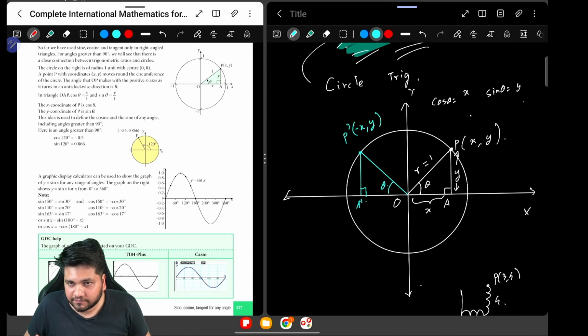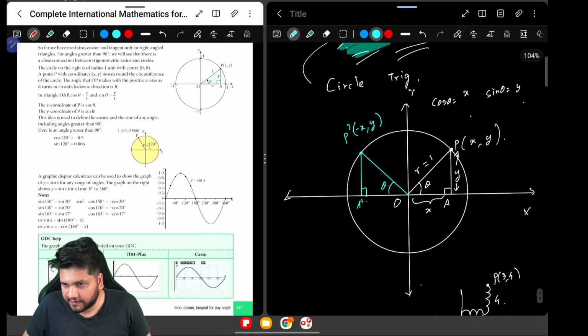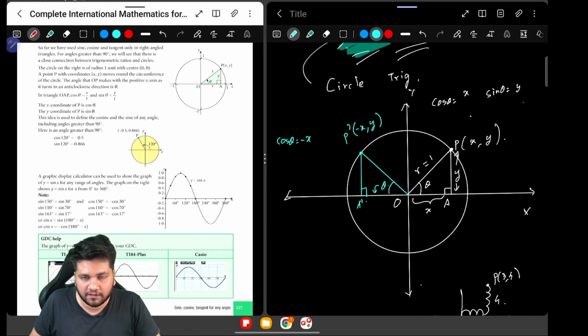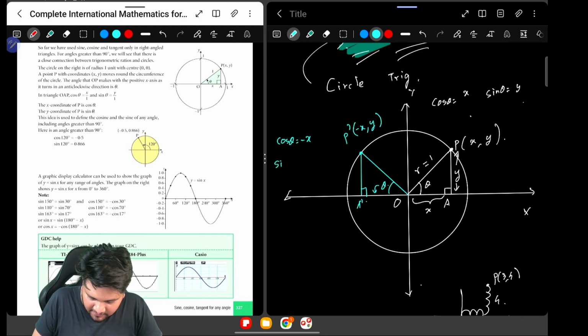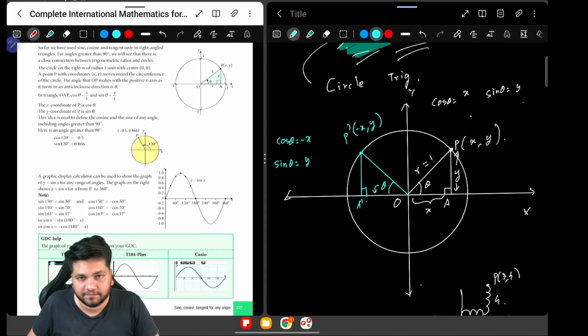Got it, everyone? Now it's a blue theta, I would say. For blue theta, do you agree that cos theta is nothing but, pay attention, this is the most important part, cos theta would be adjacent, which is going to be minus x by 1 because radius is 1, and sine theta for blue theta is going to be opposite, so that's why y by 1.